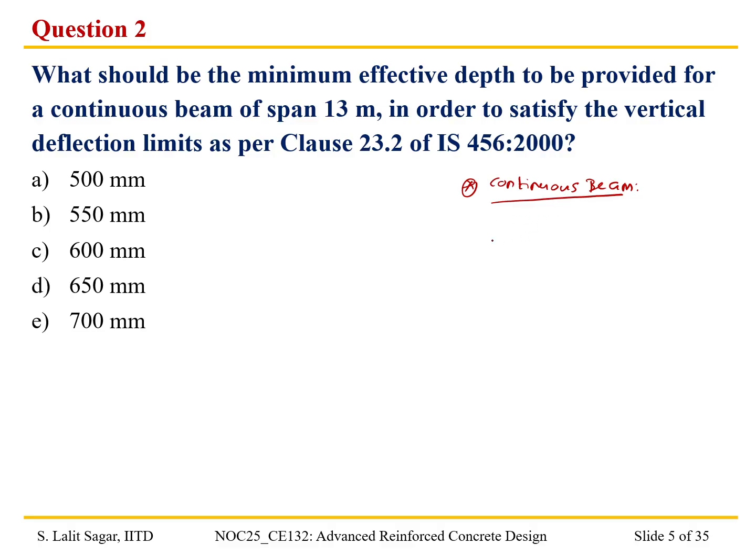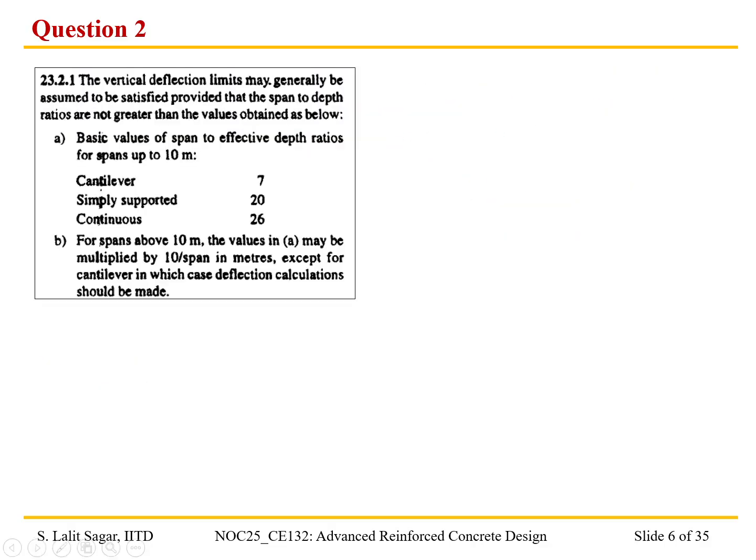And it is having a span of 13 meters. Now let us see what should be the minimum effective depth to be provided as per clause 23.2 of IS 456/2000.